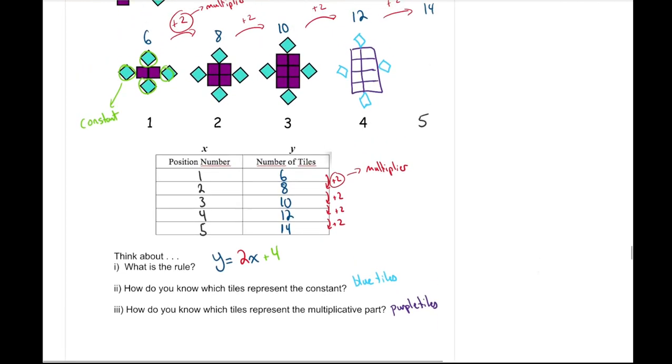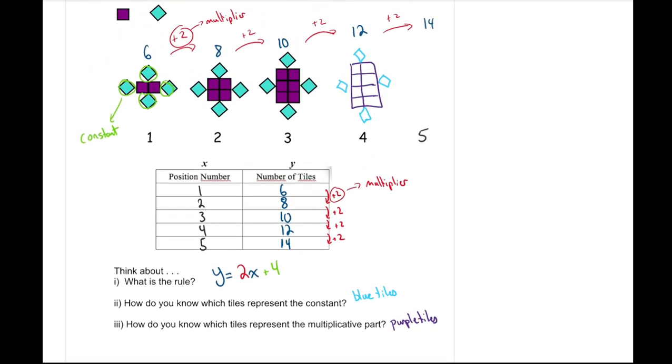So again, visually, we now have a way to figure out the different parts of a complex pattern or complex rule. Visually, we can see what the multiplier is and what the constant is, and hopefully by seeing that visually, we can also make the connection to the table as well.